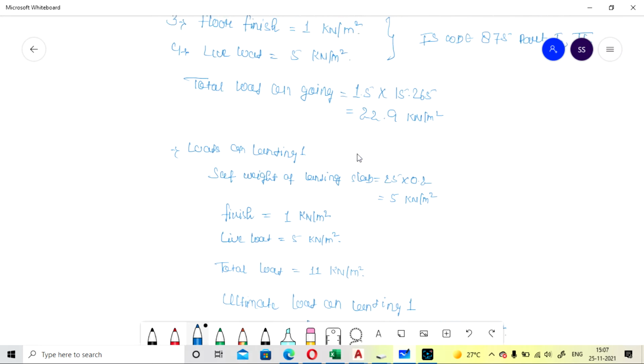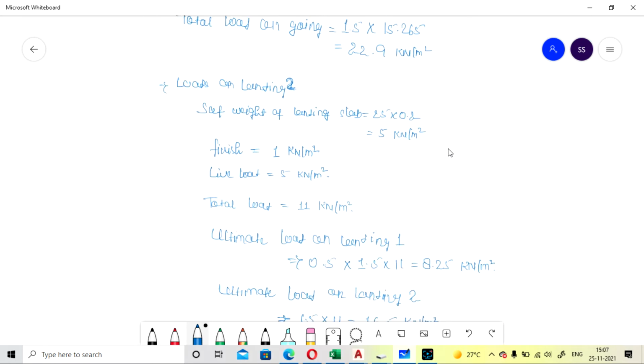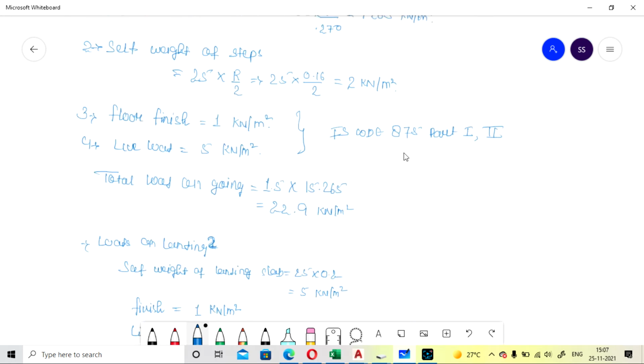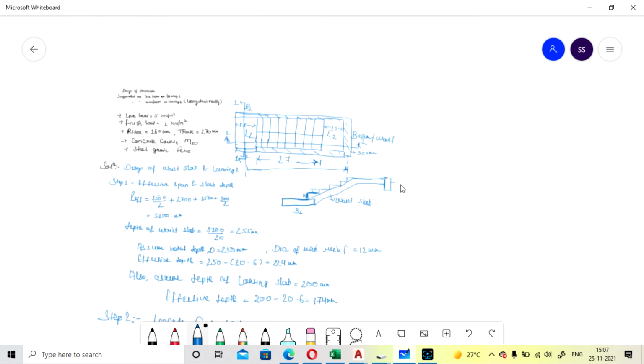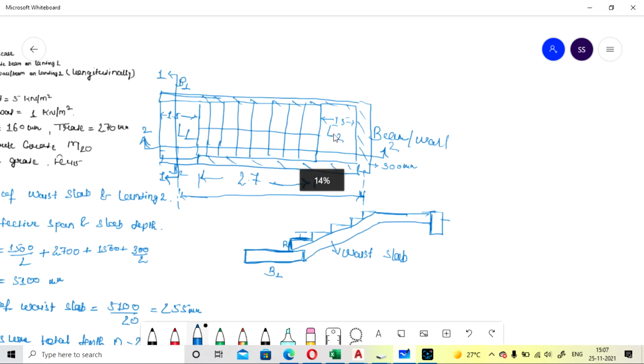This will be for landing 2, that is for the mid level landing. I will show you the figure here for this landing 2. So this is a mid-level landing.